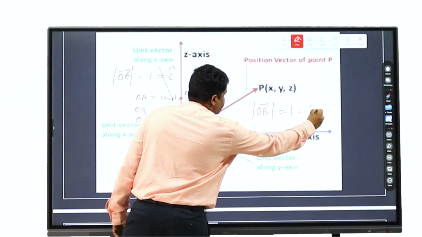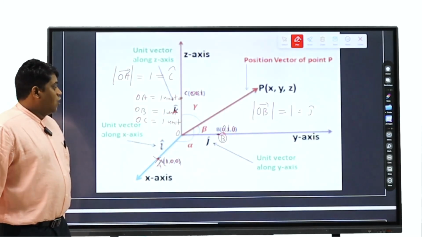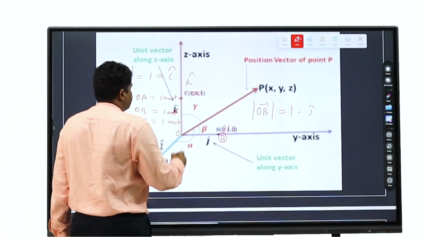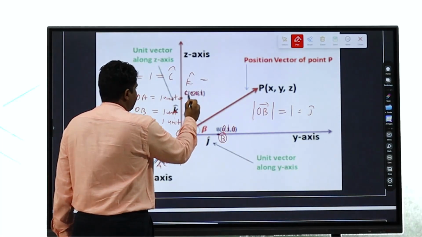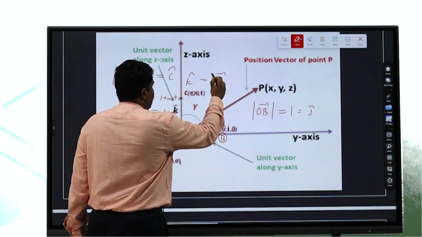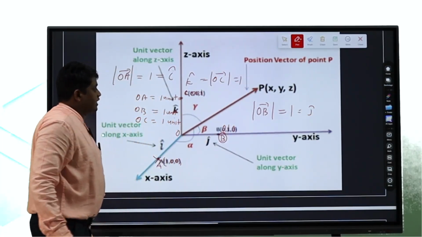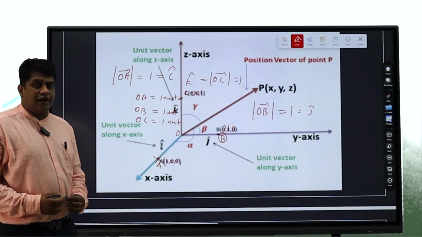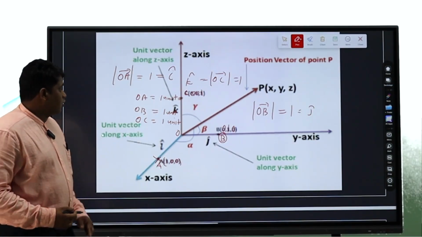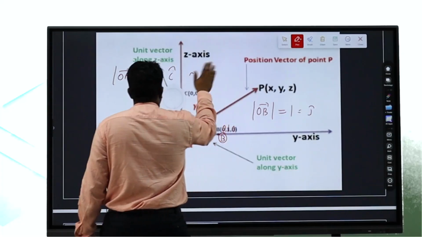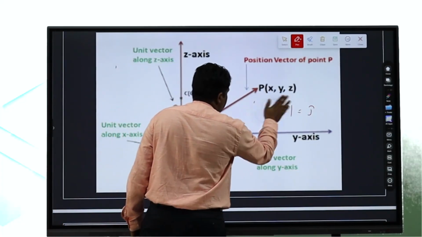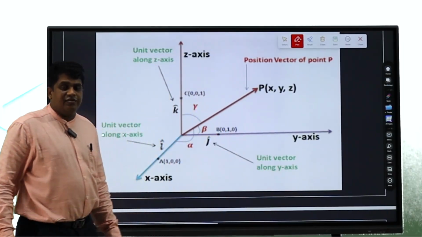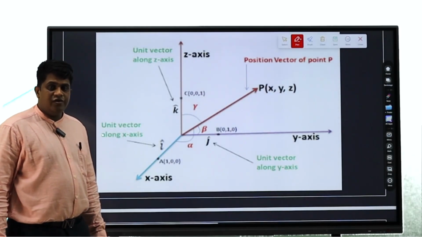Then J cap is the unit vector along the direction of the y-axis. Similarly, K cap is the unit vector which is equal to OC. Here it is C, the OC vector, its magnitude is 1, and its direction is along the z-axis. So K is the unit vector along the direction of the z-axis. Okay, you have understood these things. So I is the unit vector along the direction of the x-axis, J is the unit vector along the direction of the y-axis, K is the unit vector along the direction of the z-axis.